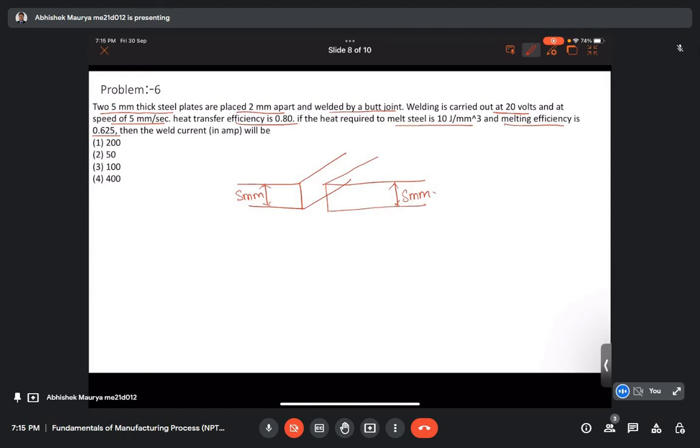They are kept 2 mm apart, and they are being joined to each other.